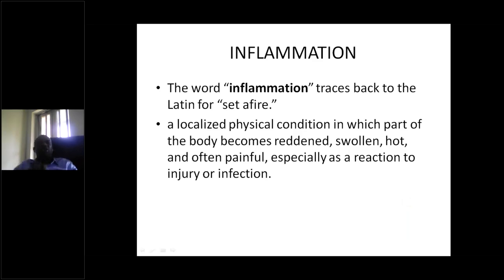So take note of this. When there is inflammation, the body swells up and the body is red. Let's say somebody hit you, or even somebody cut you, you find that that place will swell up, the place will be hot, the place will be red, and the place will be painful. So it's a reaction to injury or infection.